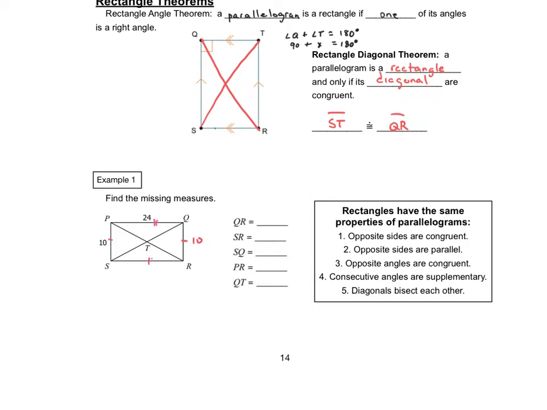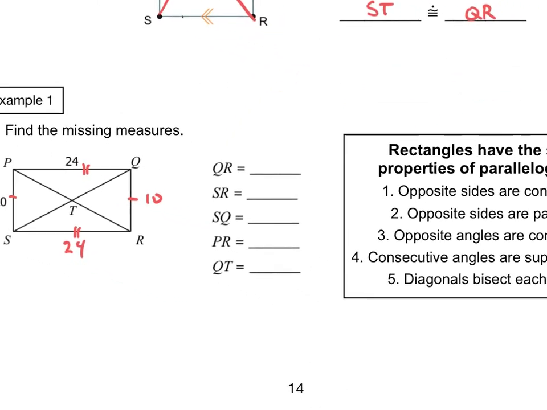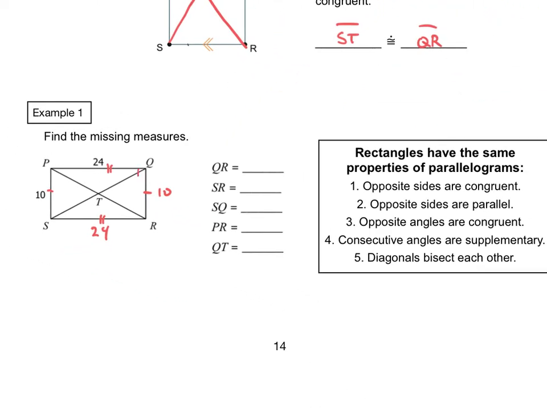This side is congruent to this side. Opposite angles are congruent, and we know that the rectangle's angles are 90 degrees, and consecutive angles are supplementary. And then diagonals bisect each other.